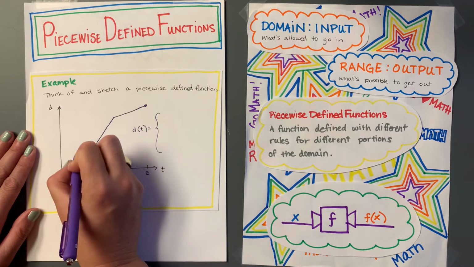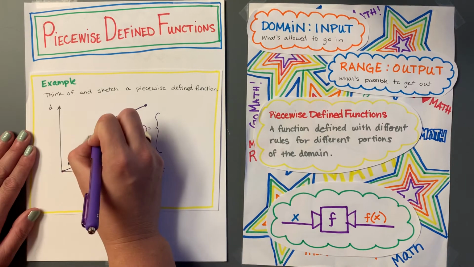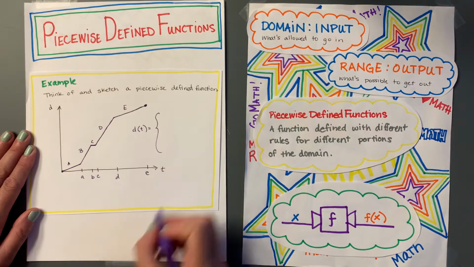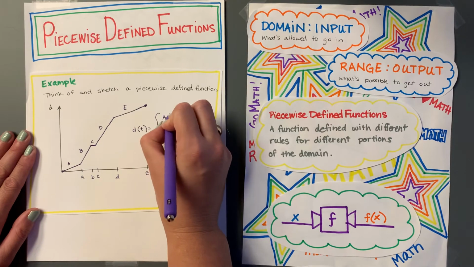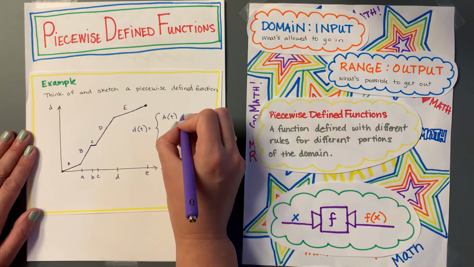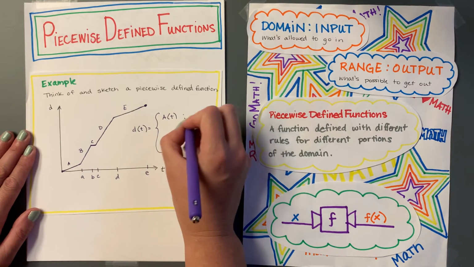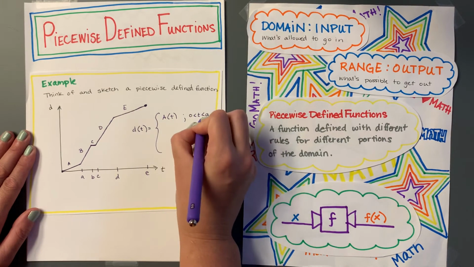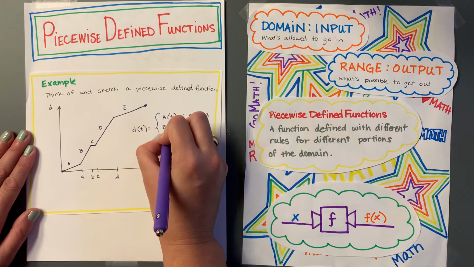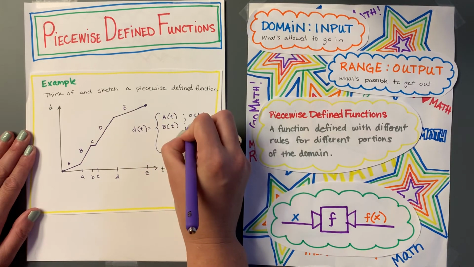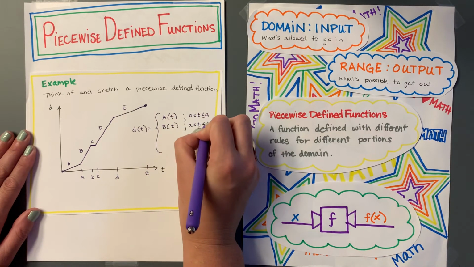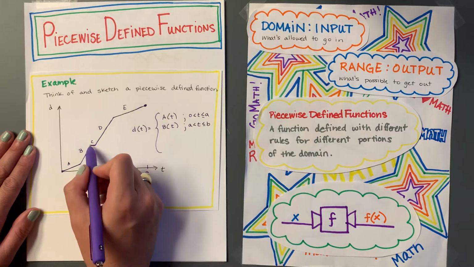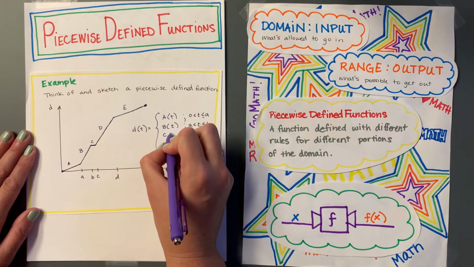So I'm going to call this A, B, C, D, and E. So I would have one rule when time is between 0 and A. I would have another rule when time is between A and B. So a different rule in here.